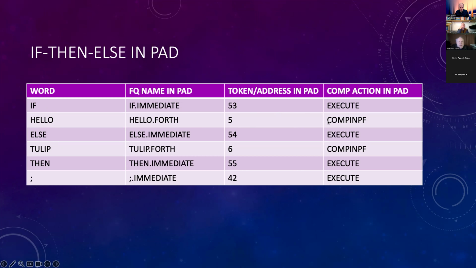Hello has a comp in PF because it's not an immediate word. Else has an execute action. Tulip has a comp in PF action, then execute action, and semi has an execute action.